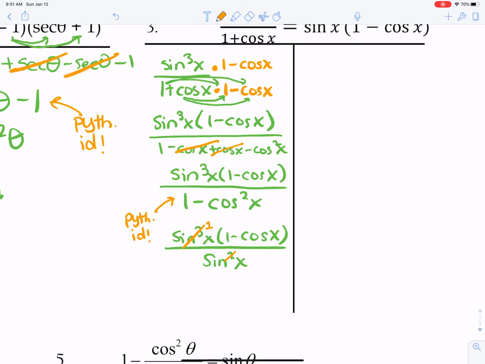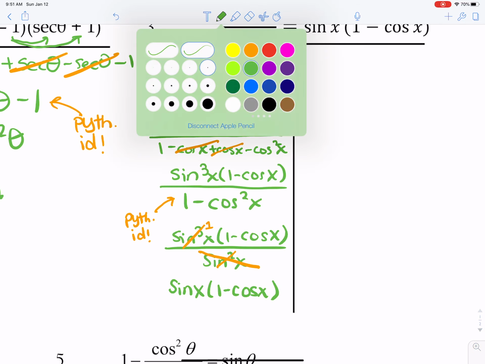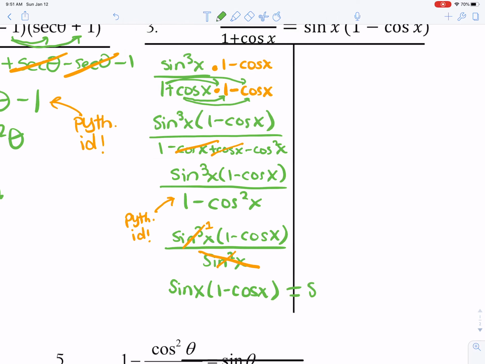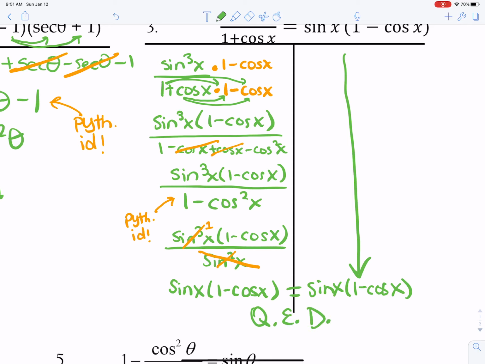We don't write 1s in our answers, so this ends up being sine x times 1 minus cosine x, because the bottom completely goes away. Yes. So we have solved, and the left side equals the right side. And thus it has been proven. Yes. All right, next one.